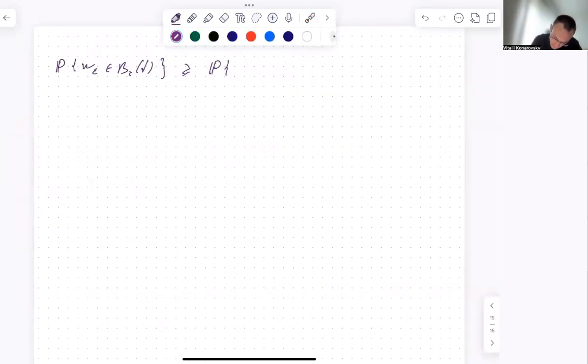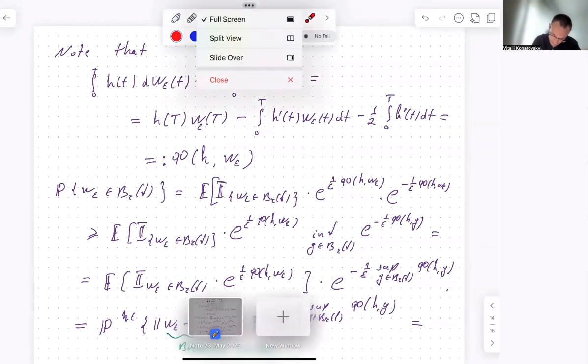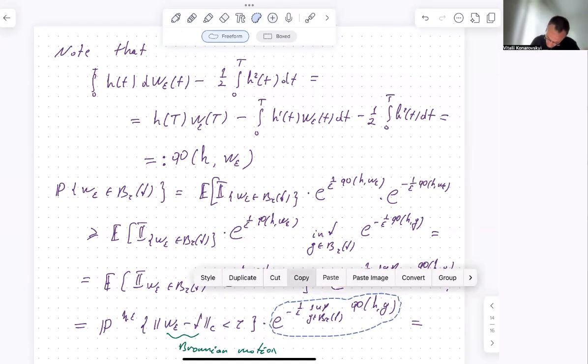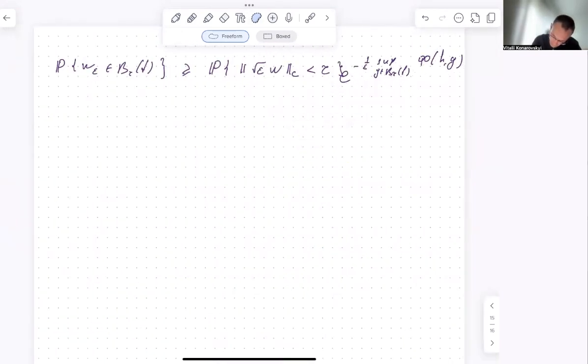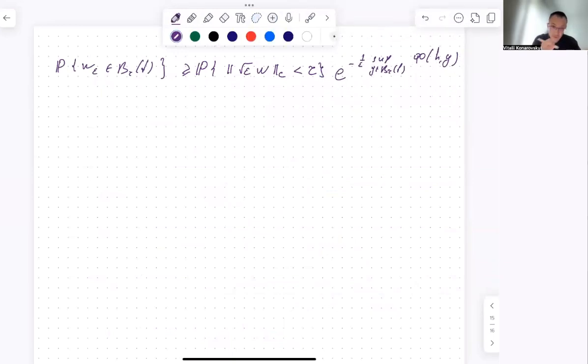It will be more convenient for me to write that as follows: the norm of square root epsilon w in C is less than r, and then you multiply by that exponent, which I will just copy. You have that exponent.